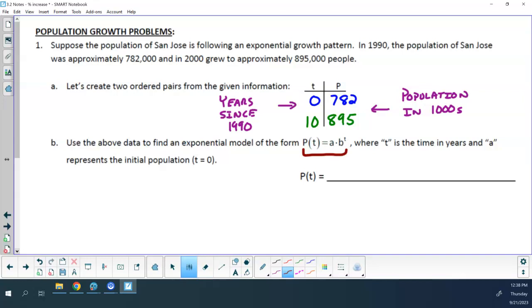Because Addie said that we're going to make 1990 be year 0, what is our a value then? 782.